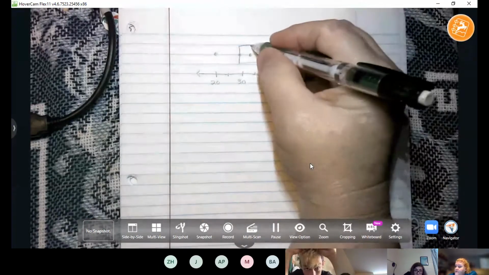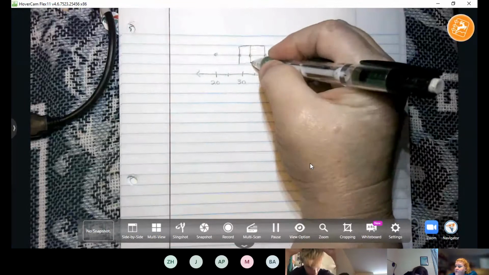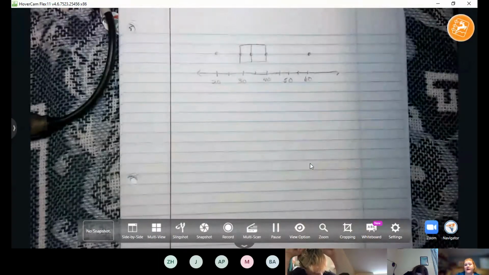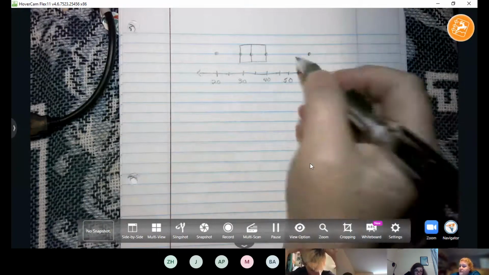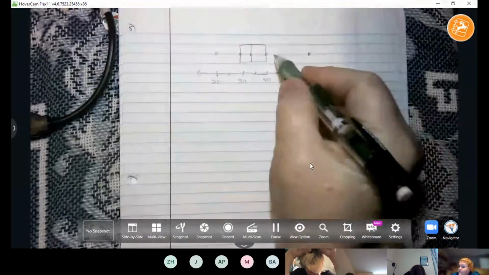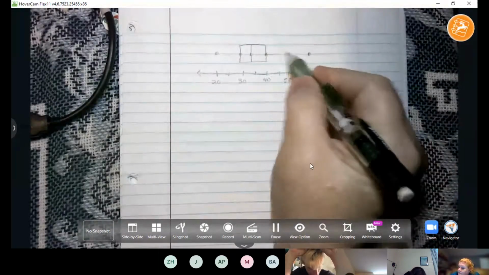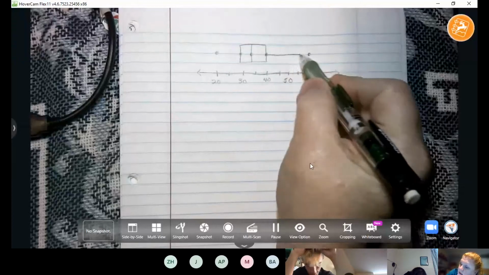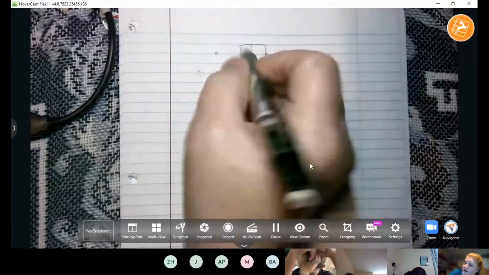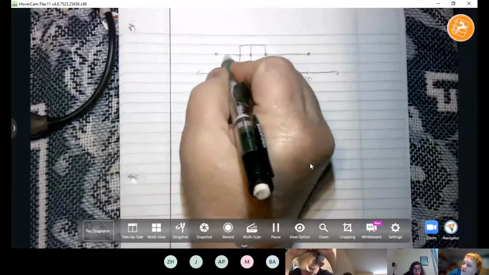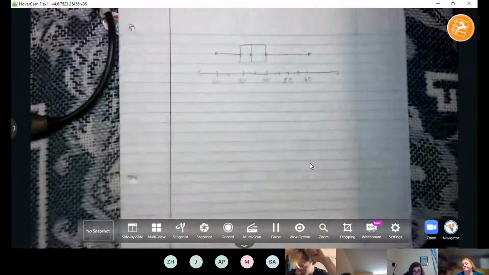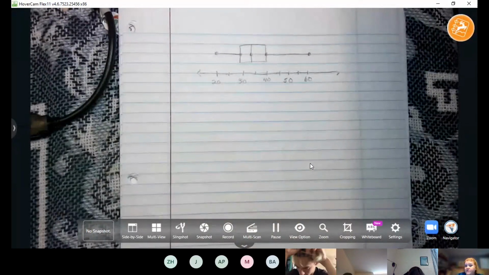And then the second quartile is going to have a line through it. So that gives us the box part in the middle. The whiskers are going to go from the third quartile to the max, and from the first quartile to the min. And that's our box and whisker plot.